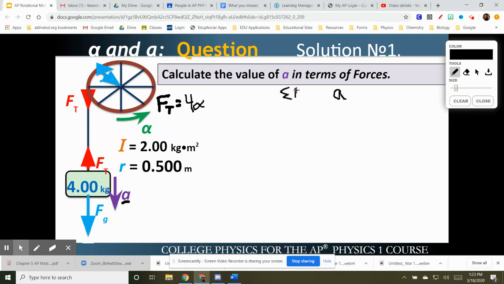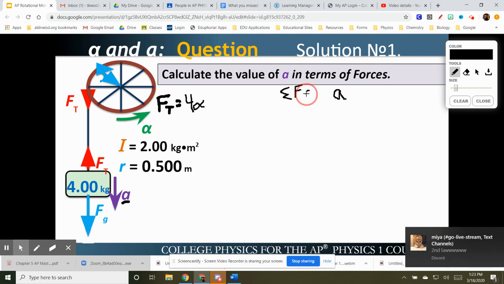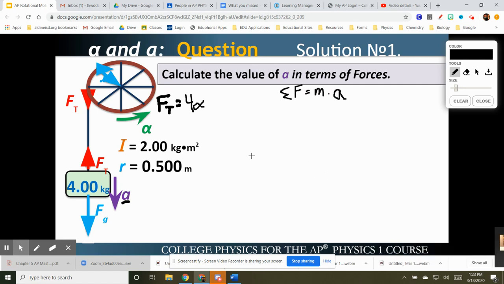So sum of the forces equals mass times acceleration. Okay, so I can look at the forces. I have the mass, right? Did y'all see that? That was a clue. I have the mass. Now I can find the acceleration. Okay, so what are the sum of the forces?